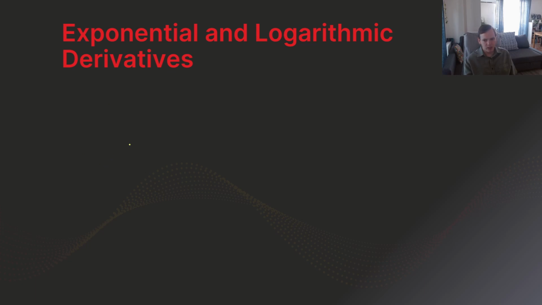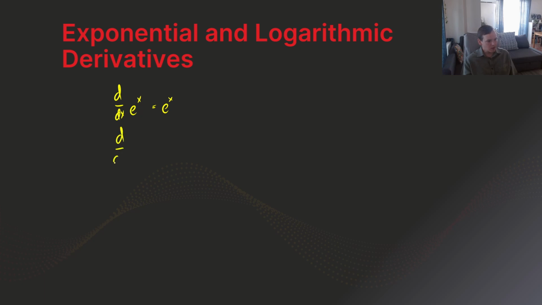Okay, exponential and logarithmic. These are ones that you'll just have to have memorized. The derivative of e to the x is e to the x. So it's exactly the same, and it's only if it's exactly e to the x. If there's a coefficient on this x, like either 3x or 3e to the x, we're going to have to use different rules there.